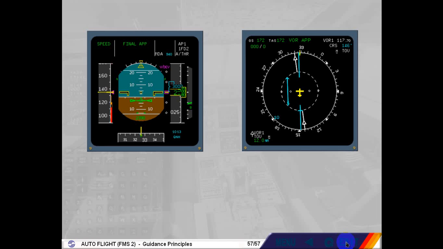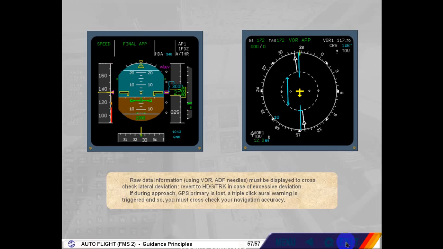Raw data information using VOR and ADF needles must be displayed to cross-check lateral deviation. Revert to heading track in case of excessive deviation. If during approach GPS PRIMARY is lost, a triple click oral warning is triggered, and so you must cross-check your navigation accuracy.